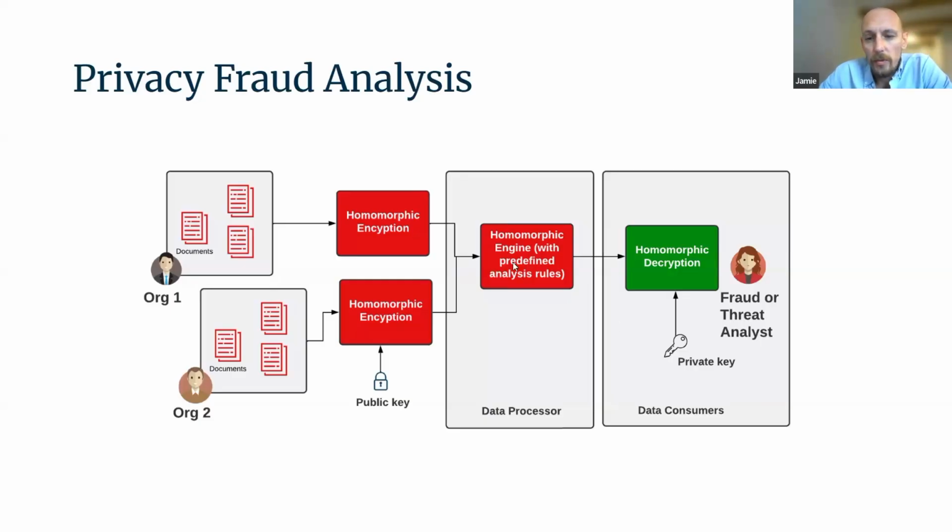I guess homomorphic encryption is one of those things that, for certainly this audience, people are quite familiar with. But just to mention here that we're using an asymmetric system, so public key and private key. Obviously, the public key is used to encrypt the data, and the private key can be used to decrypt the result or indeed the actual data.